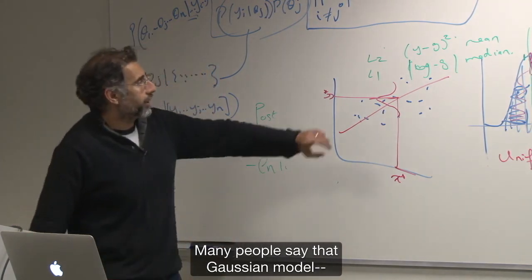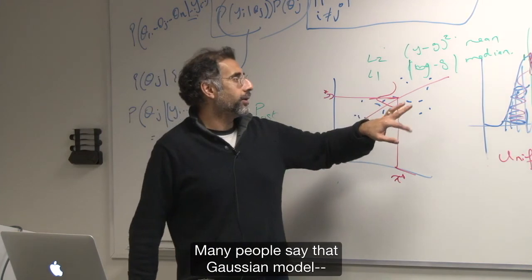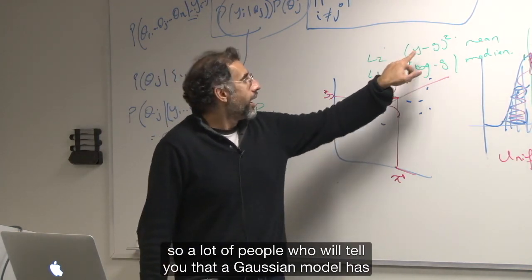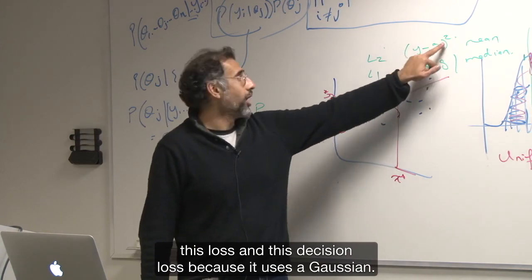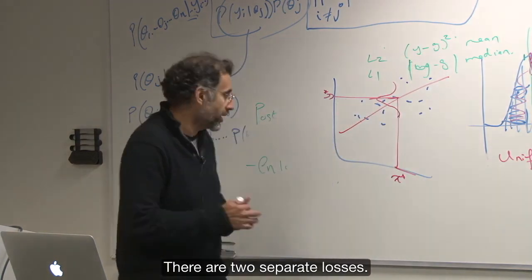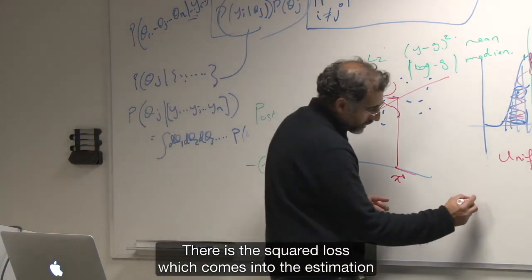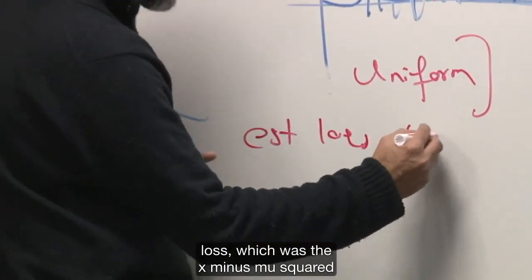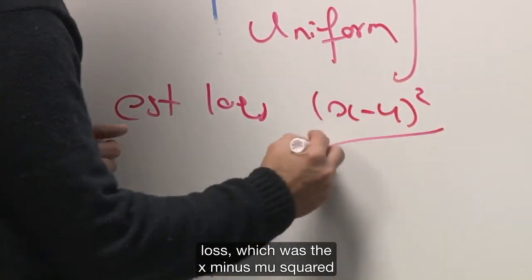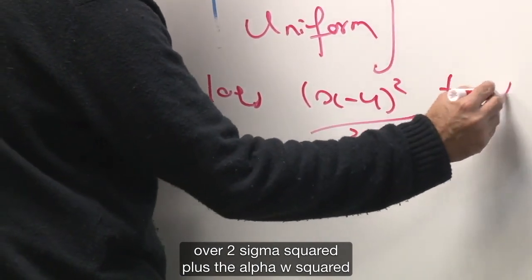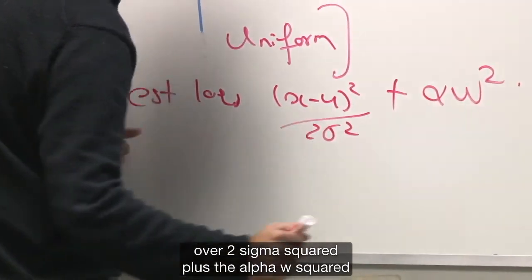Many people, a lot of people, will tell you that a Gaussian model has this loss and this decision loss because it uses a Gaussian. That has nothing to do with it. There are two separate losses. There is the squared loss, which comes into the estimation loss, which was the x minus mu squared over 2 sigma squared plus the alpha w squared kind of thing you had.